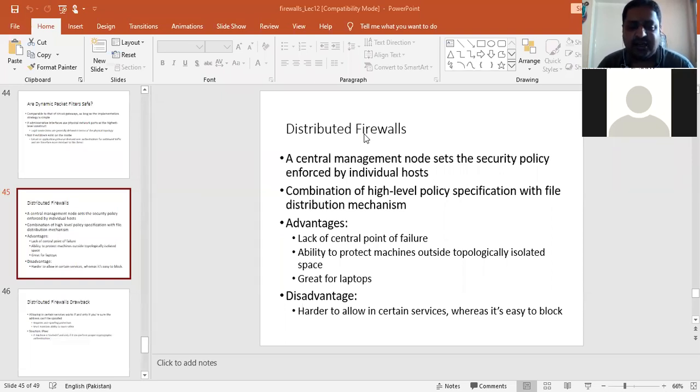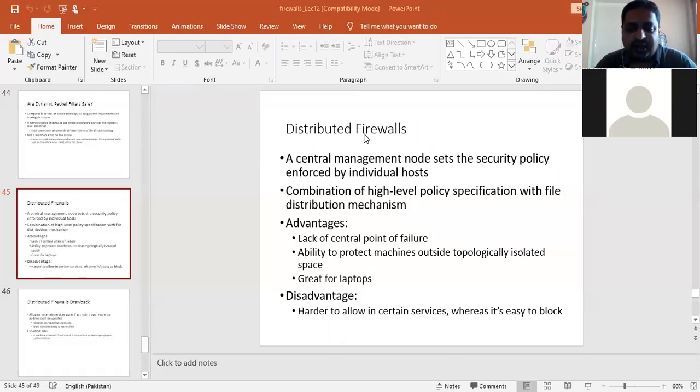It's possible that if we are using a distributed firewall and any of the firewalls is not working, we can give access to some other firewall, so that it can get control and monitor the system. So that is the advantage of using a distributed type of firewall.